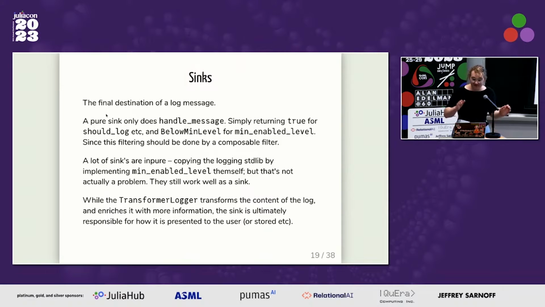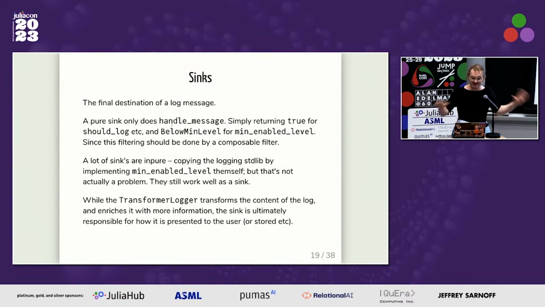So the final kind of thing I want to talk about is syncs. So the sync is where the log message ends up. So conceptually, we have the idea of a pure sync. All it does is handle the message. It just always says true for should log. It always says below min level when you ask what the min enabled level is.